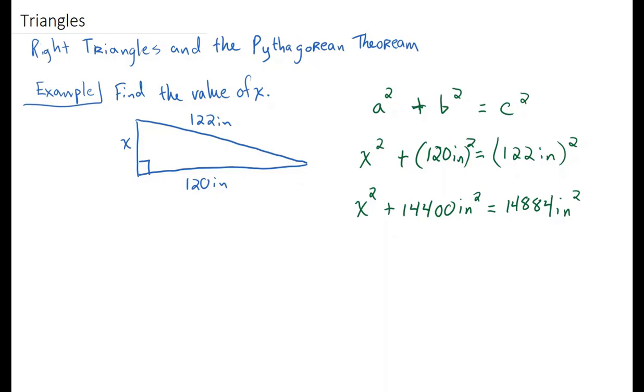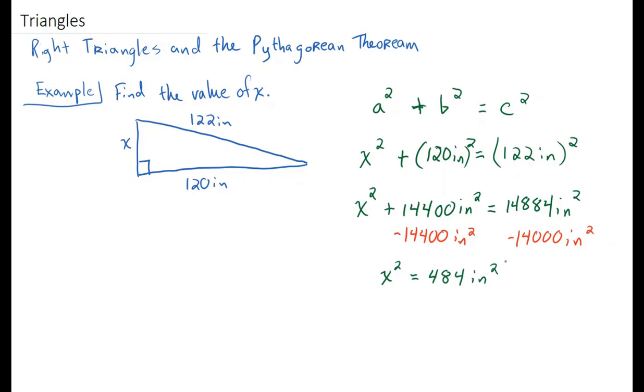Now I'm going to get my x squared piece by itself by subtracting the 14,400 inches squared from both sides. When I do that, I'm left with an x squared on the left, which is what I'm trying to do, get that piece by itself, and the difference here is 484 inches squared.